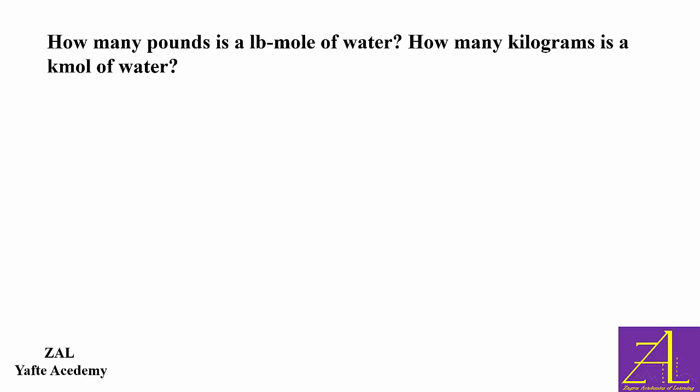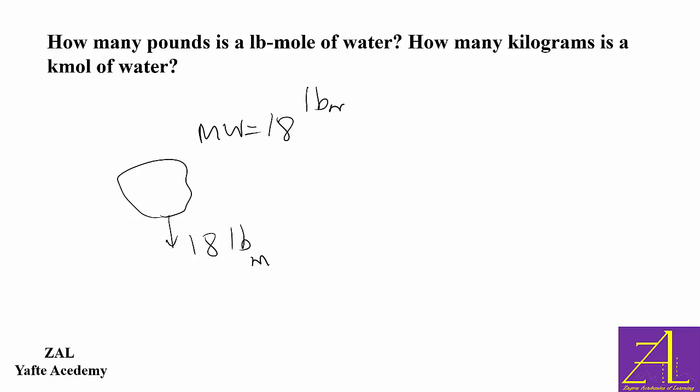If I put a pile of pound mole of water together and weigh, this is gonna be again 18. However, it's not 18 grams. This time it's gonna be 18 pound mass. Therefore, the molecular weight of water would be 18 pound mass per pound mole. Same number as before, but the units is different because I have a bigger pile.